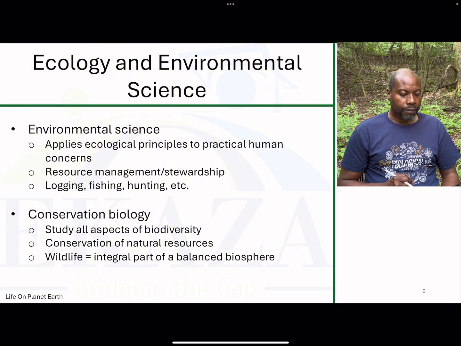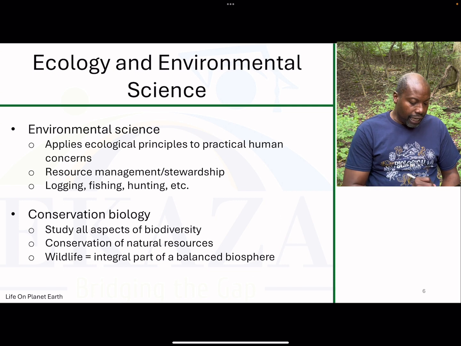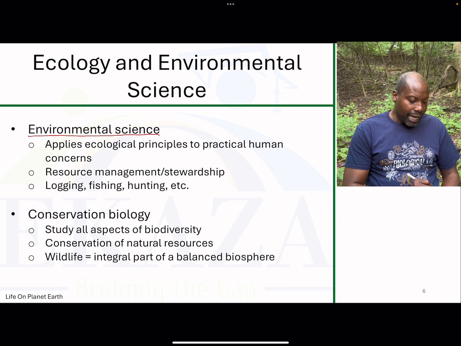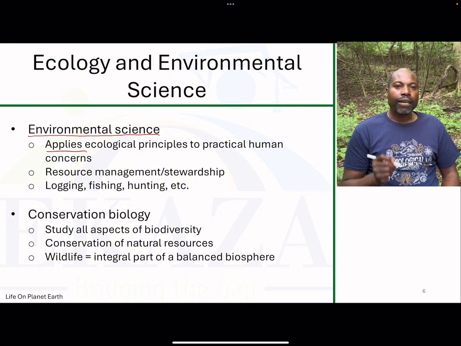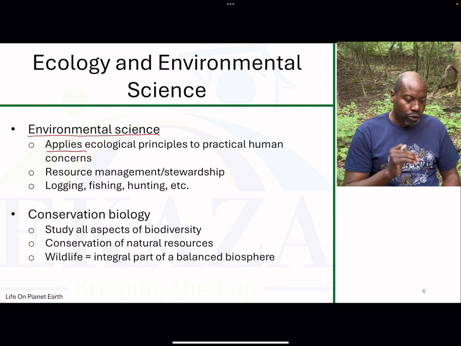All right. Now, ecology has different components, including environmental science. Environmental science is basically the application of ecological principles to practical problems that humans are encountering, right?